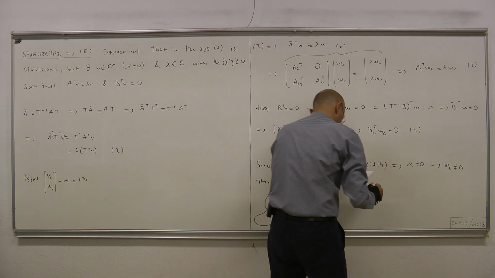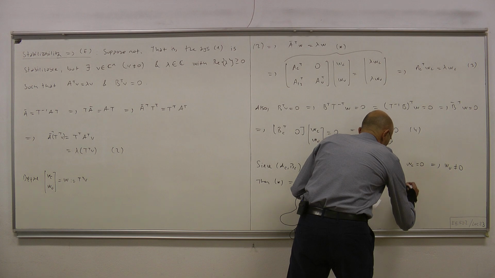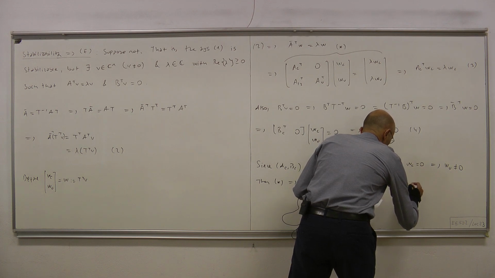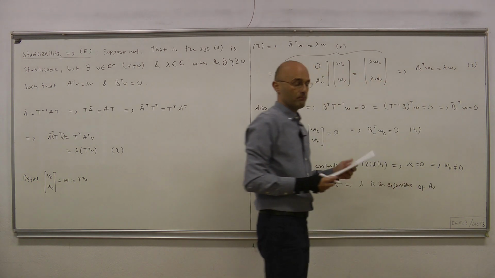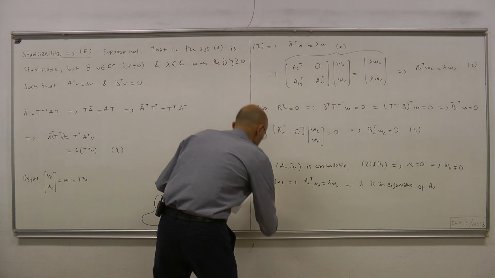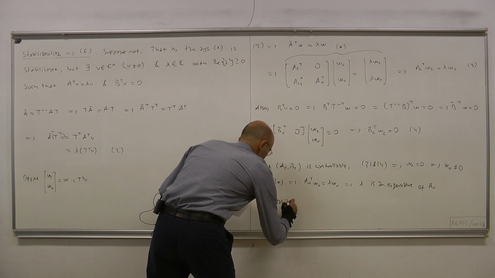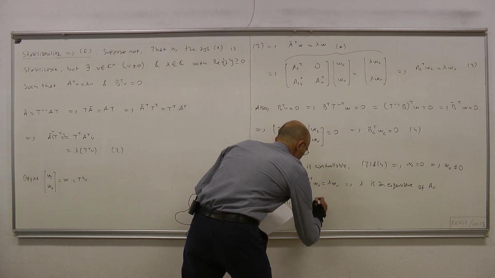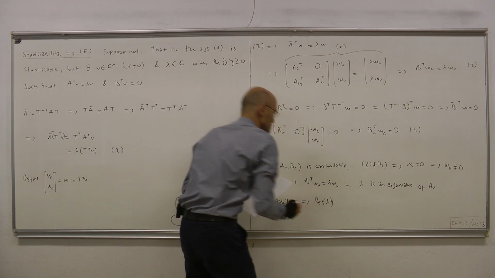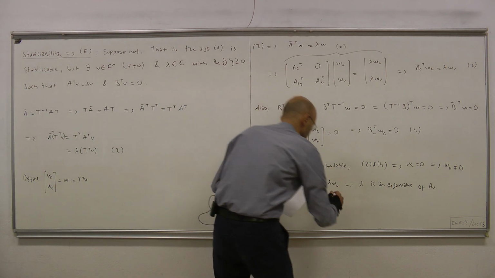Lambda is an eigenvalue of AU, and because the system is stabilizable, we have to have that all the eigenvalues of AU have strictly negative real parts.